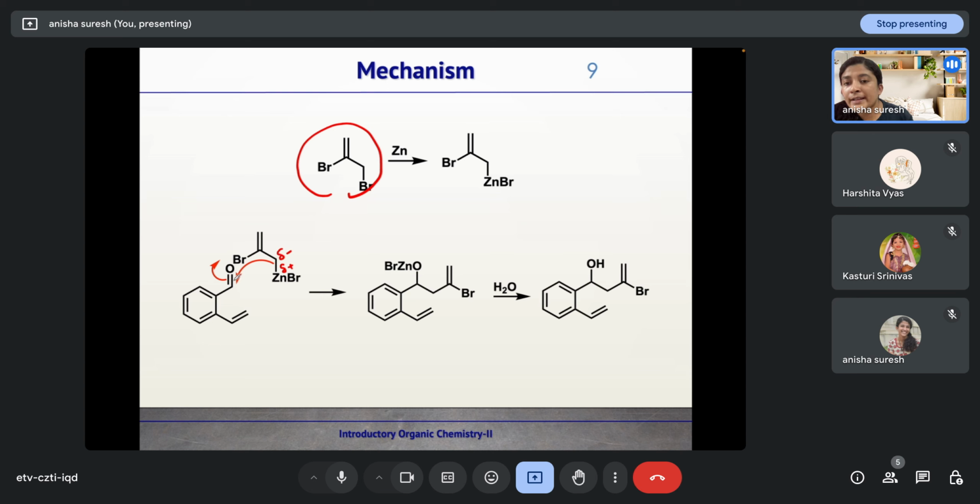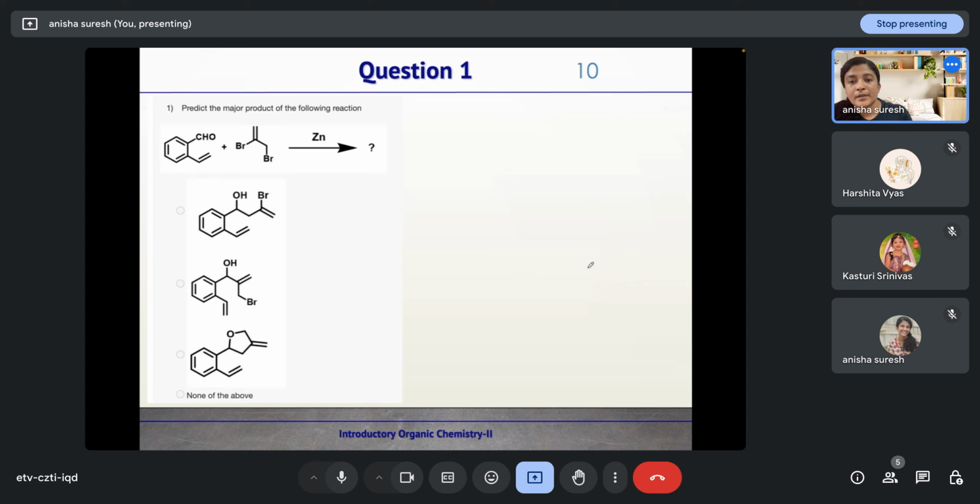This will attack this carbonyl center, leading to formation of this intermediate, which upon hydrolysis will lead to formation of this hydroxy compound. So the right option will be option A.